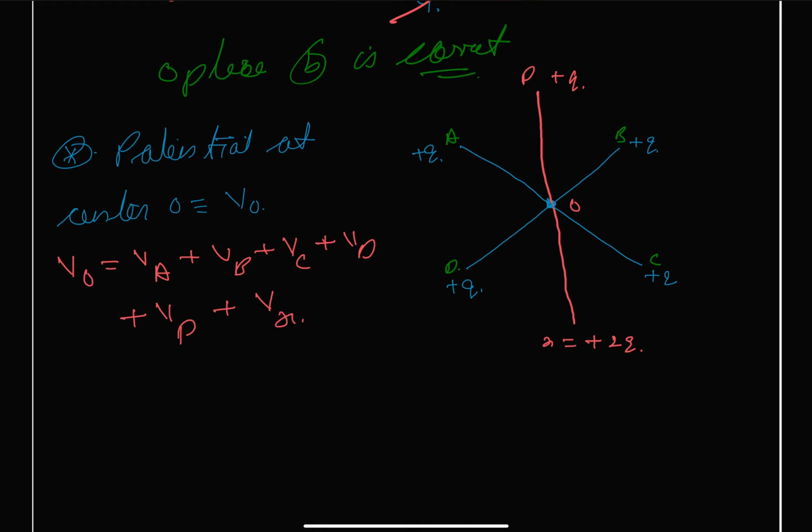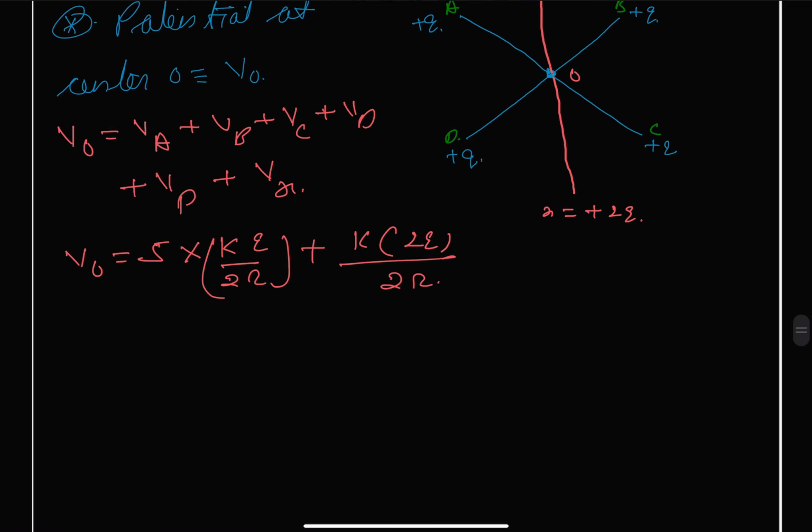A, B, C, D and P all have plus charges. So we can say V naught will be equal to 5 times, and the distance is the same, so this will be KQ upon 2R plus, in case of X, the charge is now 2Q, so this comes as K 2Q divided by 2R.